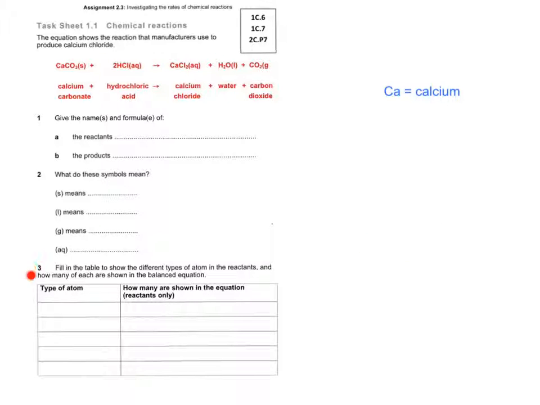For question 3, we're going to refer to the symbols in the reactants. For example, we have calcium here, which goes into this table. In the reactants, there is only one calcium atom.